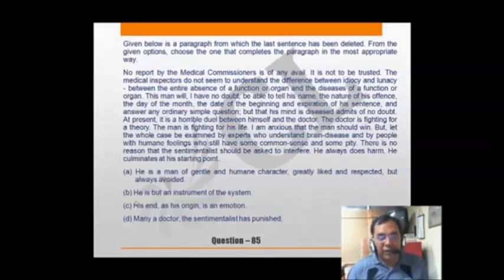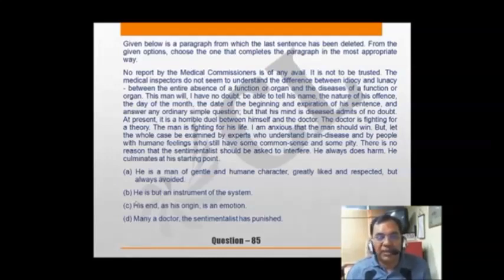Okay, para completion, we know that we have to take the last two lines. Those are the most important lines. So he wants man to win.